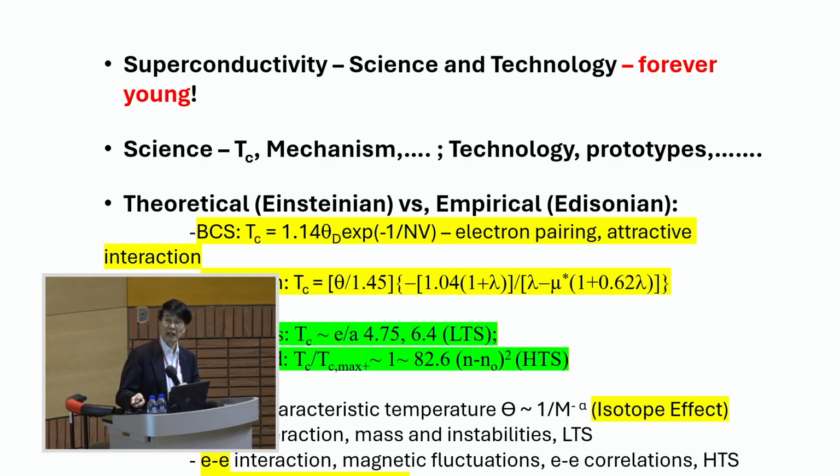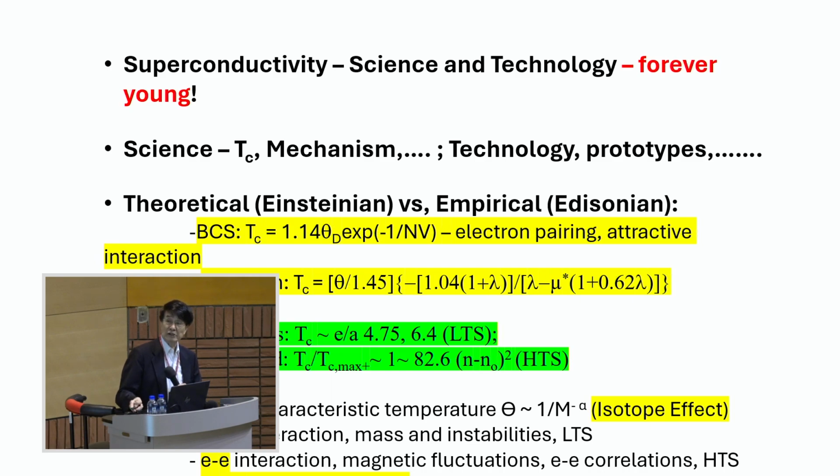And then, of course, for the high Tc oxide materials, you use the doping of copper ions as a parameter, and Presland actually came up with an empirical rule which described high Tc pretty well. So empirically one has this, and theoretically, or Einsteinianly, people use this to explain it.